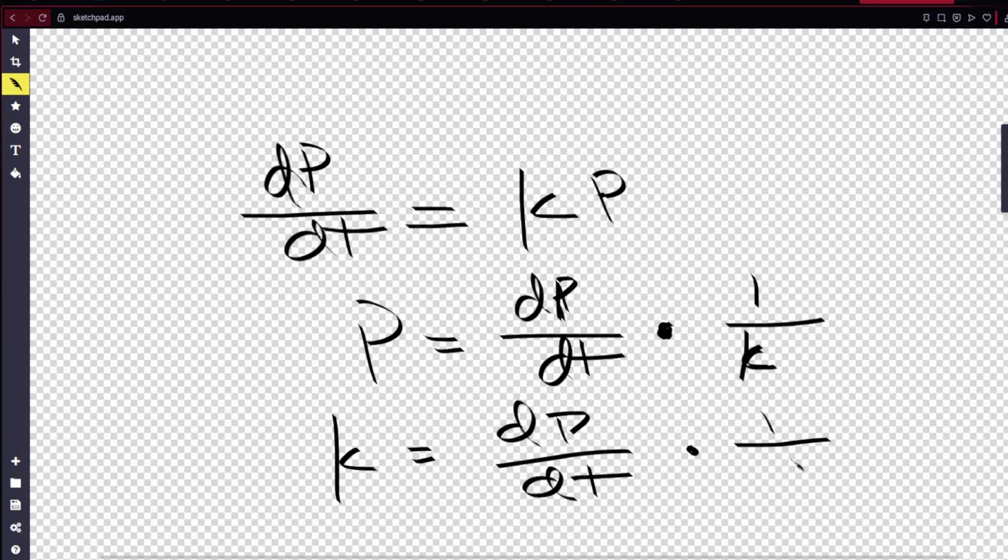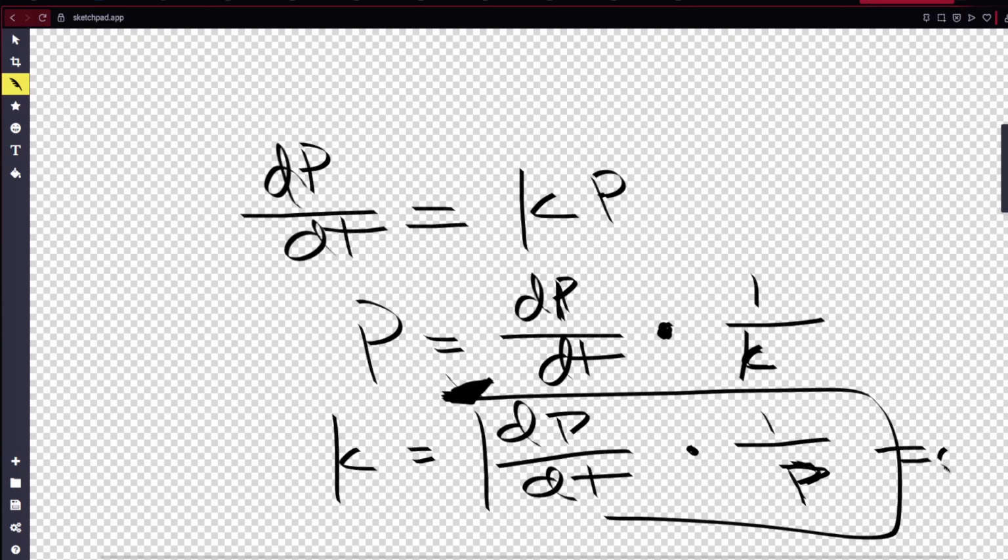And the interesting thing here is that let's say that this was constant here. That would mean k would be changing because as p grows, then k would become smaller. So that means we know that these things increase such that this is equal to a constant, which is really interesting, and that constant would be k in this case.